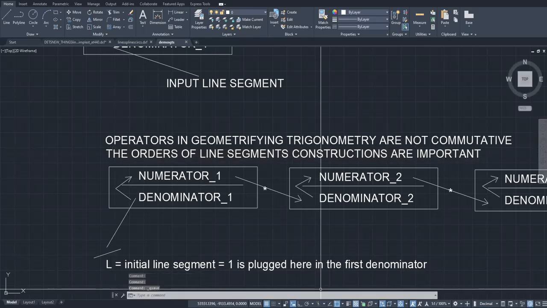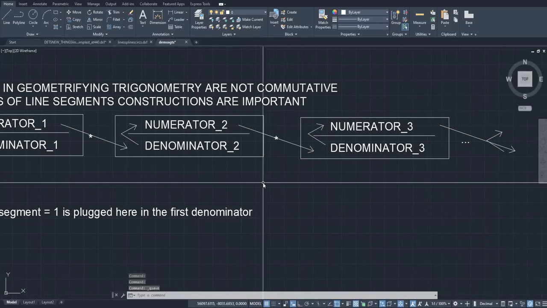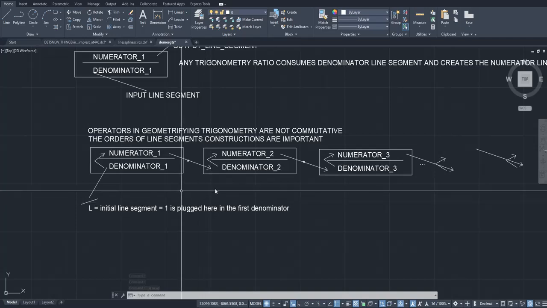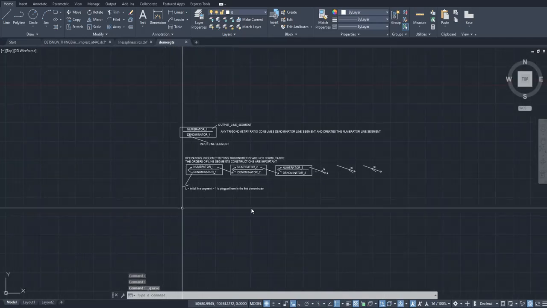Which one is consumed into which denominator depends upon the order of multiplication. So the order of multiplication, order of division, order of plus, order of minus, the order of these things is very important.